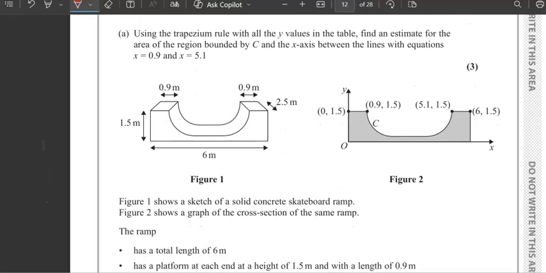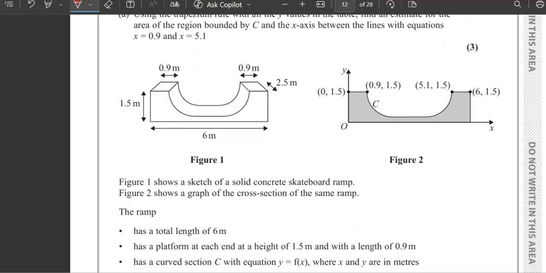Then you're told that figure 1 shows a sketch of a solid concrete skateboard ramp. Figure 2 shows a graph of the cross section of the same ramp.